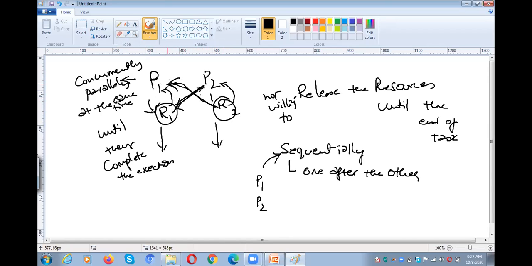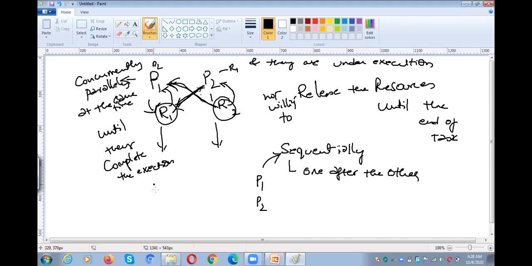But R1 is already allocated to P1 and R2 is already allocated to P2. Now P2 requires R1 and P1 requires R2, but they are allocated to some other process, right? And one more point is that both processes are under execution right now. So they don't want to release the resources until they complete the task.